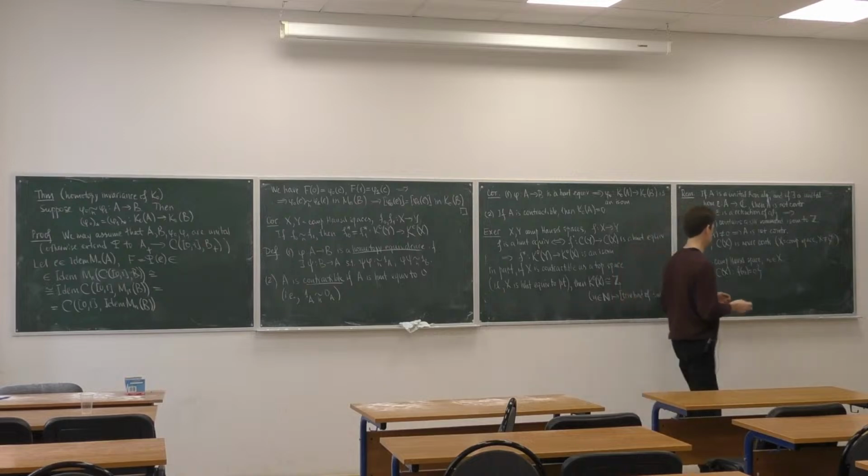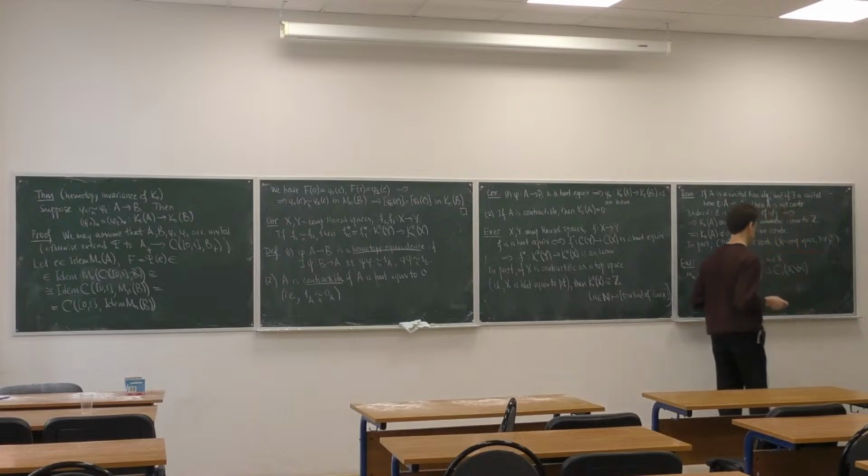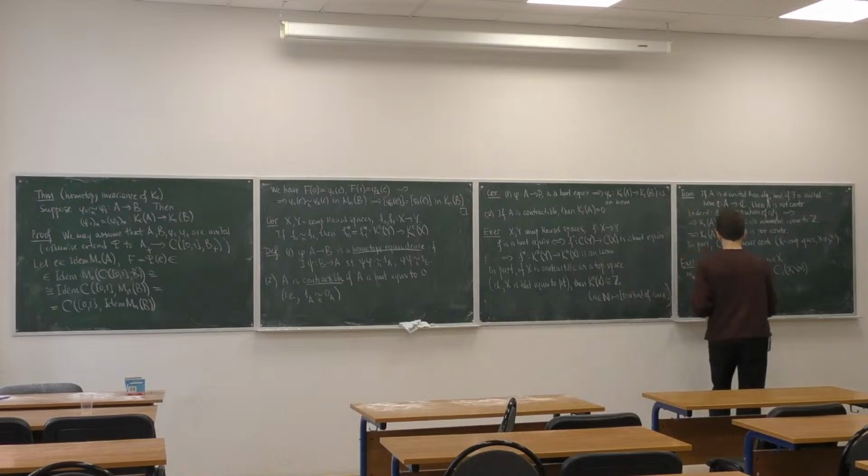So this ideal is also a Banach algebra, and it is isomorphic to the algebra of C0 functions on the complement of this point, X minus x0. So the question is, when is this algebra contractible?